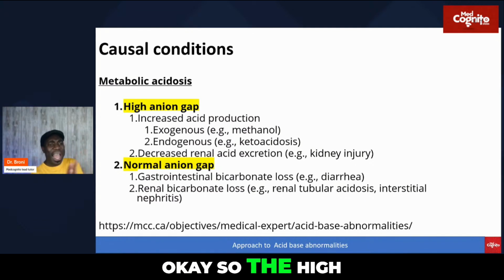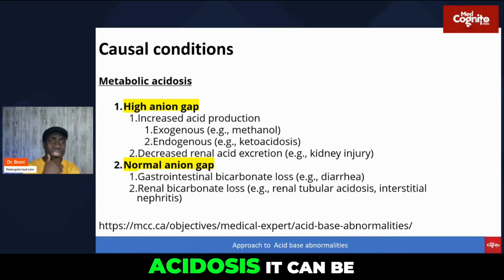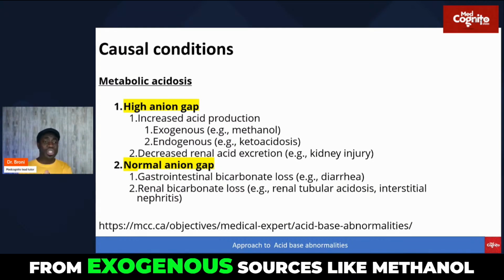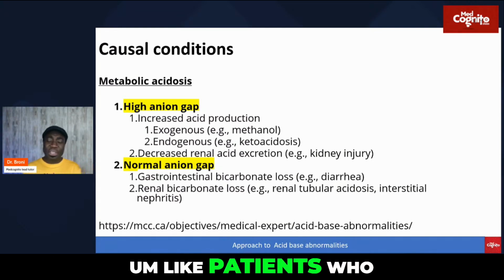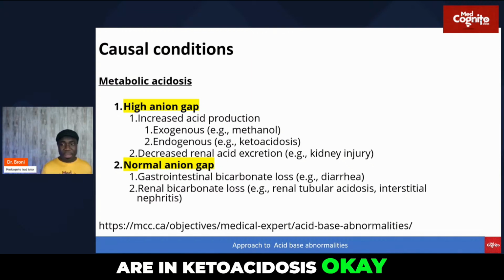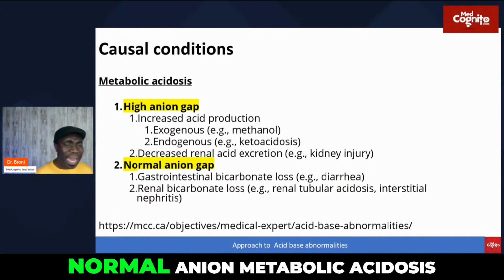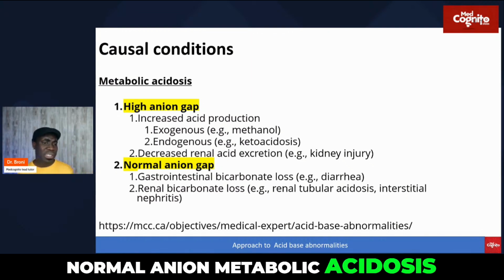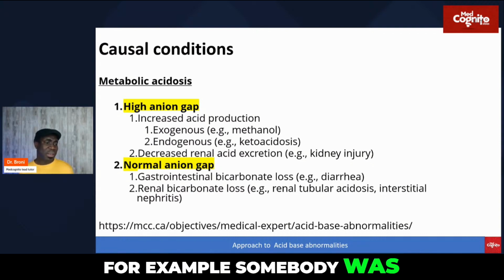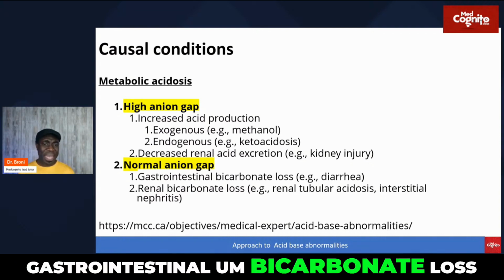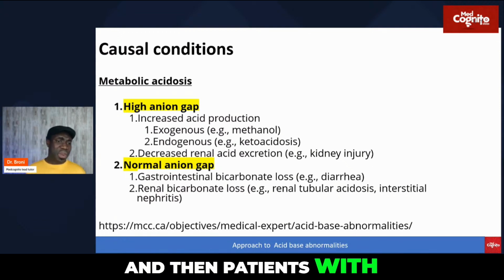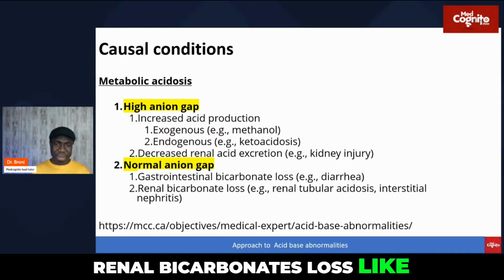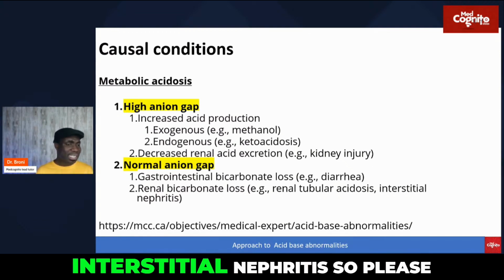The high anion gap metabolic acidosis can be from exogenous sources like methanol, or patients who are in ketoacidosis. Then you can also have normal anion gap metabolic acidosis, for example somebody who has gastrointestinal bicarbonate loss, like diarrhea, and patients with renal bicarbonate loss, like renal tubular acidosis and interstitial nephritis.